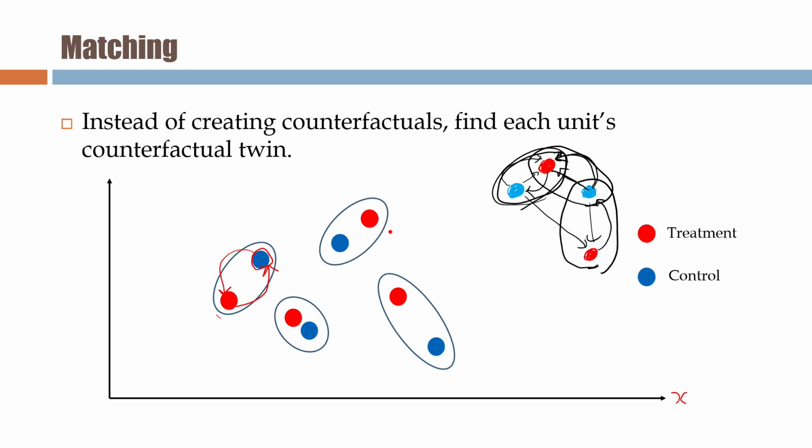We look at the individual observations and then use the closest. The matching is happening individual by individual, not considering everybody. So the same data point can be selected as the counterfactual for multiple different points. That's possible.